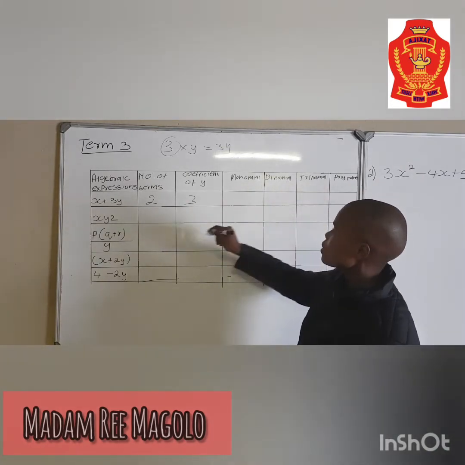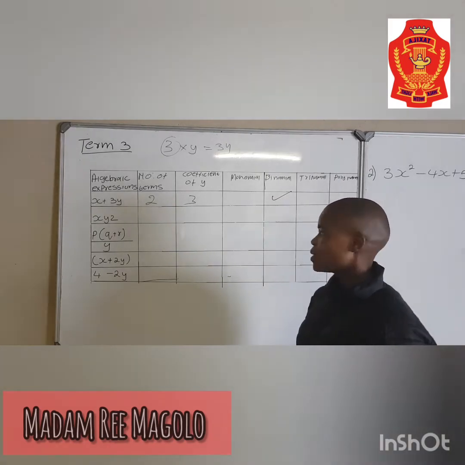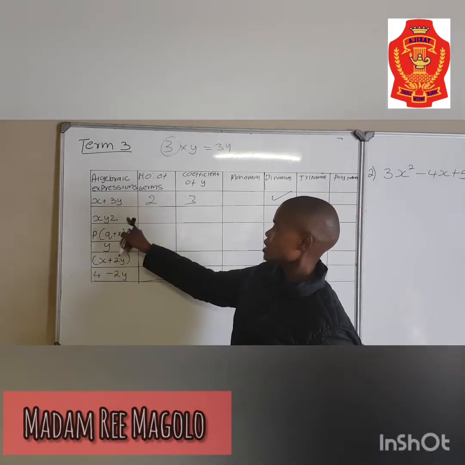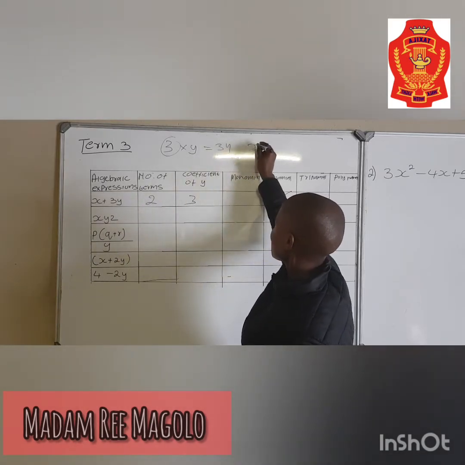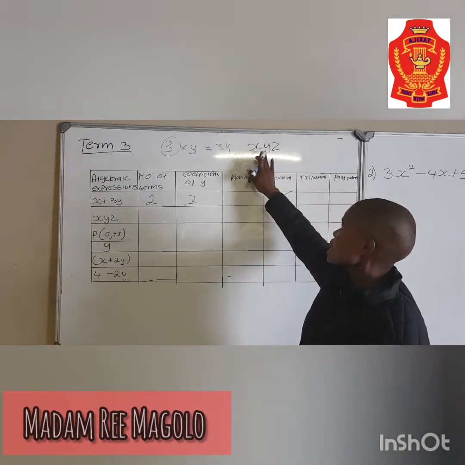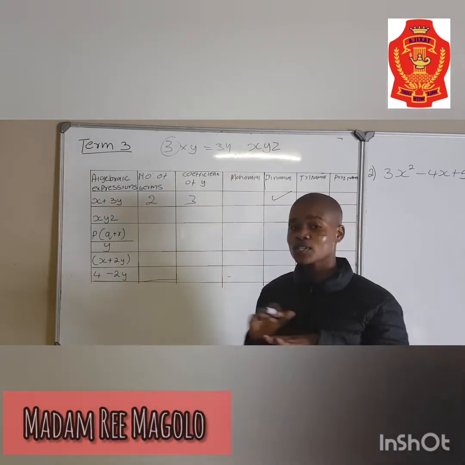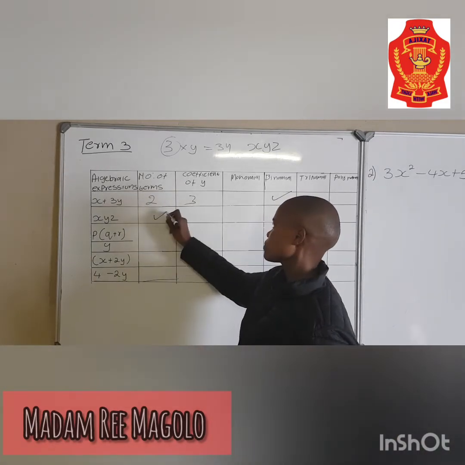Since this one has 2 terms, it falls under binomial. Well done to you. And for the number of terms, we have got xyz. Note, between the x and the y and the z, there is no addition or subtraction. Therefore, it is considered as one term.